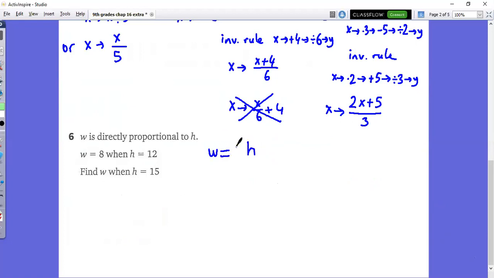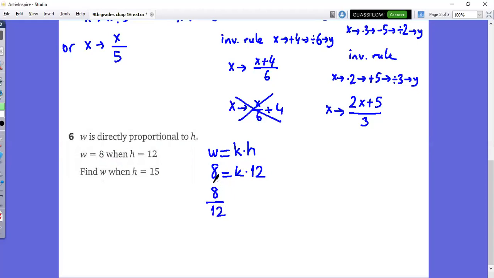If they are directly proportional to each other, we have a coefficient. W equals K times H, and we need to find this coefficient here. Let's substitute the given values. When W is 8, the value of H is 12. 12 is multiplied by K, so on the other side it will be dividing.